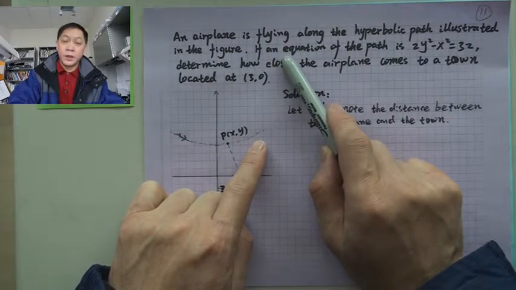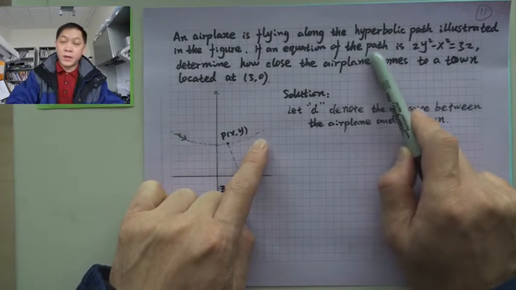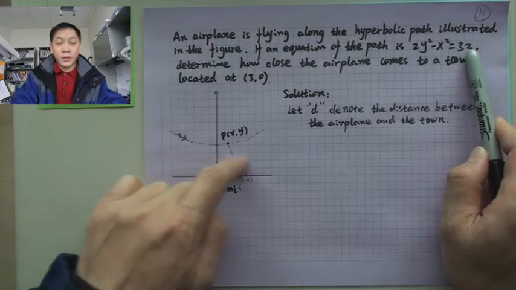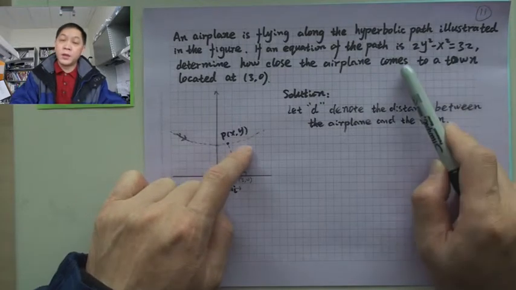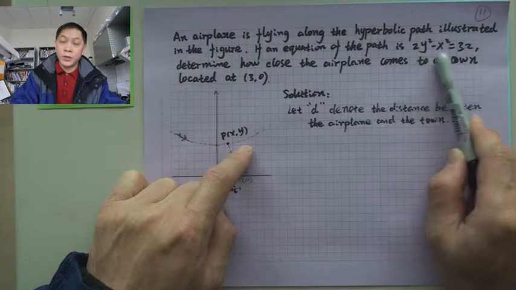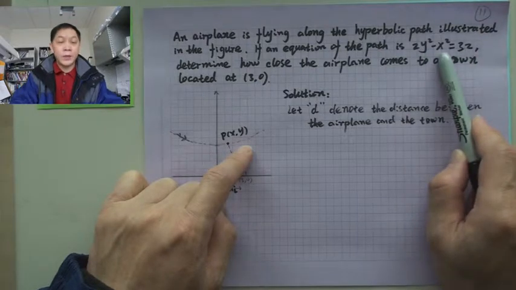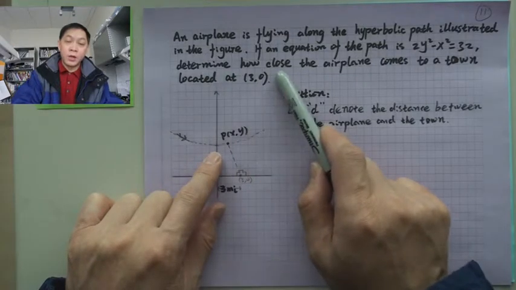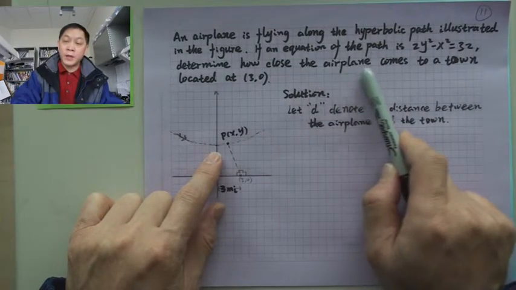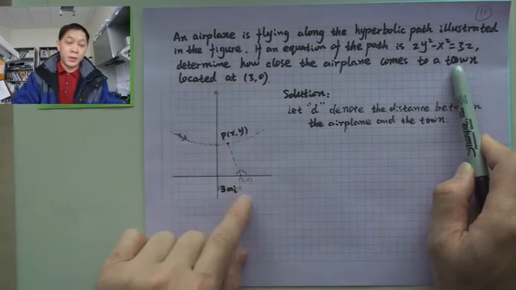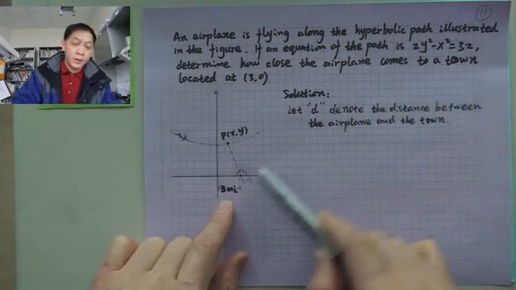If the equation of the path is this one, and this is the hyperbolic equation, we are asked to determine how close the airplane comes to a town located at (3, 0).